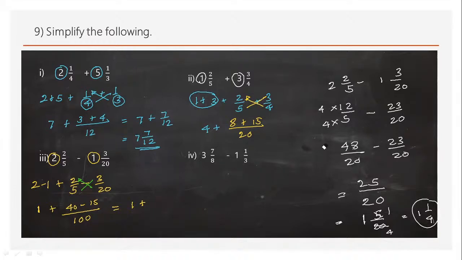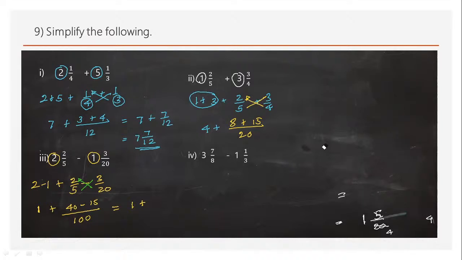Question number 4. 3 and 7 over 8 minus 1 and 1 over 3. Then 3 subtract 1. Our usual method, right? 3 minus 1 plus 7 over 8 minus 1 over 3.